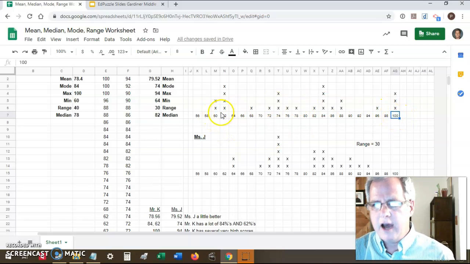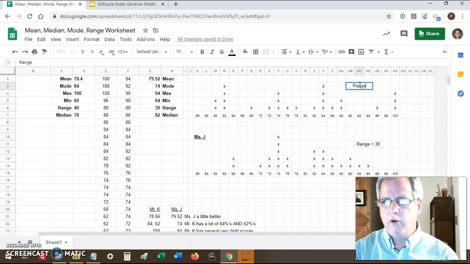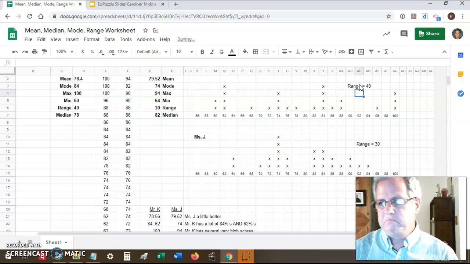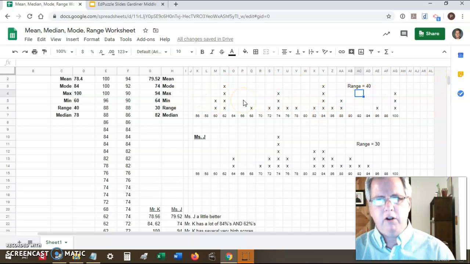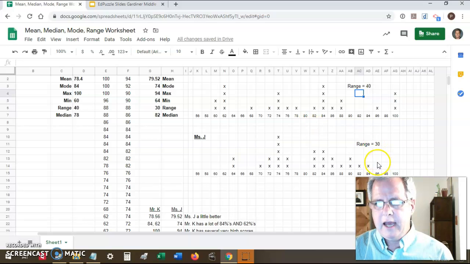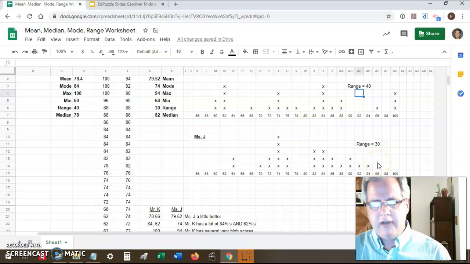So the high minus the low is 100 minus 60, so the range is 40 in that case. Which means that basically his scores are spread out further. They cover a larger range. And Ms. J's class scores are much more close together. They have a smaller range.